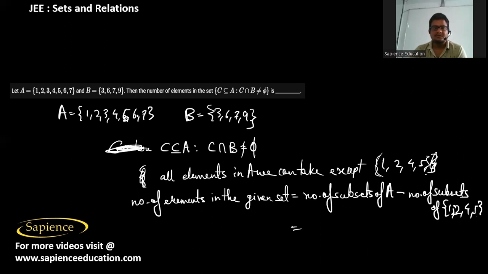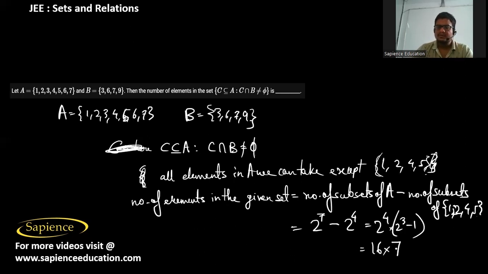Now the number of subsets of A, there are 7 elements, so it will be 2 power 7 minus the number of subsets of 1, 2, 4, 5, that will be 2 power 4. So that will be 2 power 4 into 2 power 3 minus 1. So this will be 16 into 8 minus 1, that is 7, which is 112. So there are 112 elements in the set.